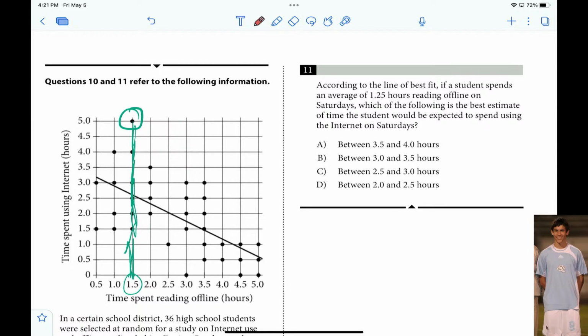So I would go to that x-axis. 1.25 is going to be halfway between 1 and 1.5. So I'm just drawing up until we get to that line, because they're saying according to the line of best fit, how much would we expect them to use the internet? So just where it intersects, that looks like it's between 2.5 and 3. So that person spends between 2.5 and 3 hours on the internet. All right.